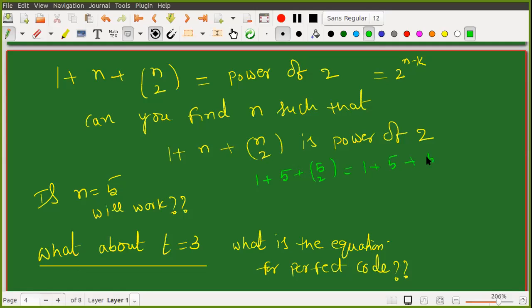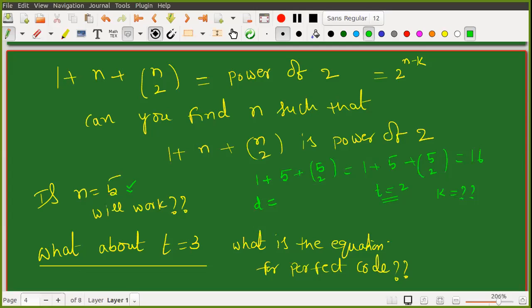But if this is the case, what is t here? T equal to 2. So somebody can tell me what k is in this case? What is the distance of the code? So n equal to 5 now, right?